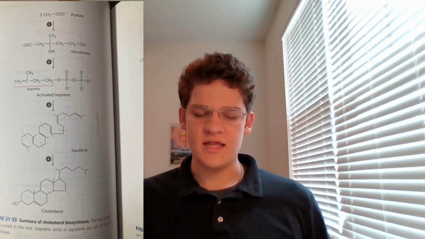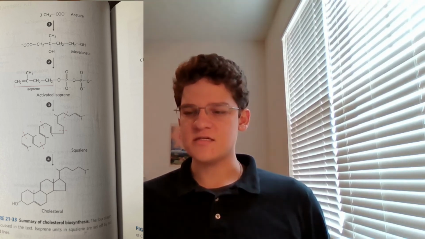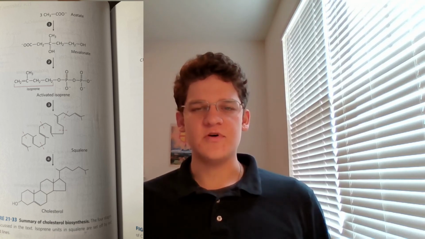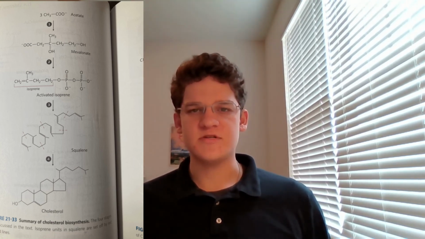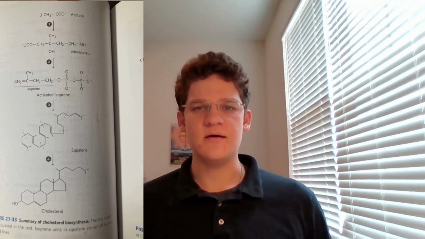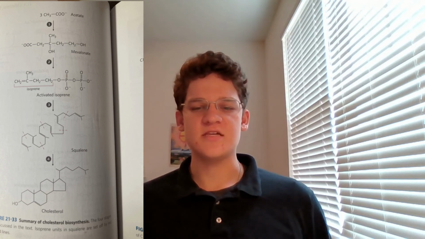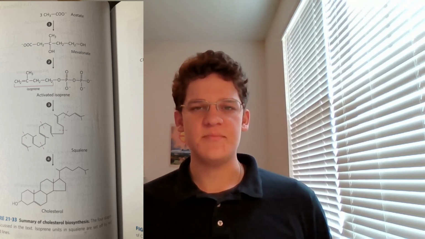So in step 1, we highlighted HMG-CoA reductase, which is the target of statins, which is the rate-limiting step for the whole process. In step 2, we looked at IPP isomerase, which actually produces the 2 isomers that are needed in step 3. And in step 3, we looked at squalene synthase, which actually completes the process of making squalene. And this is very important because this is the committed step of the process.